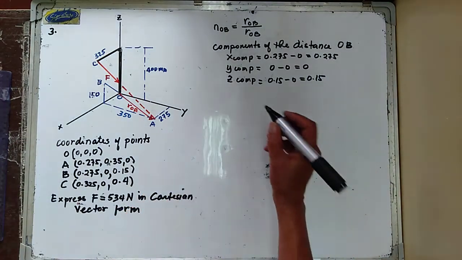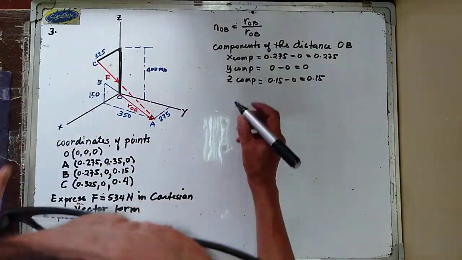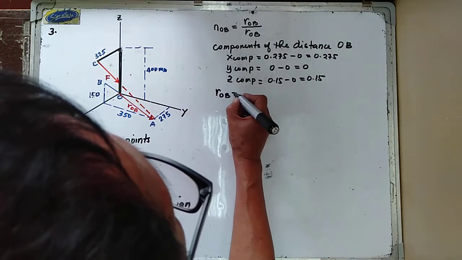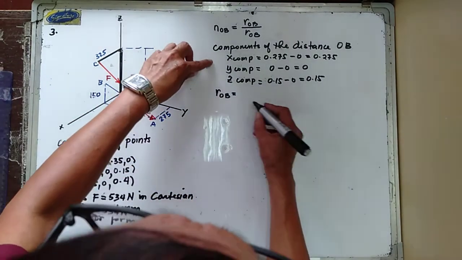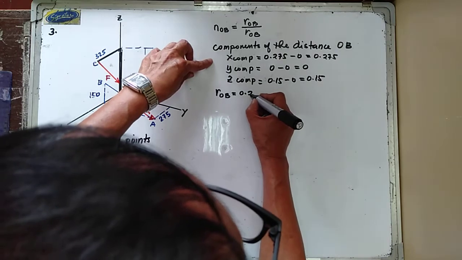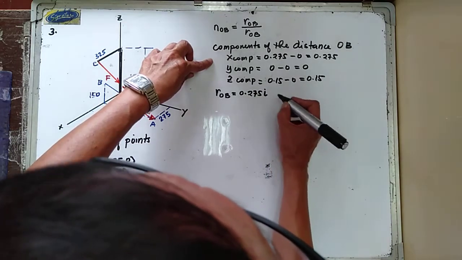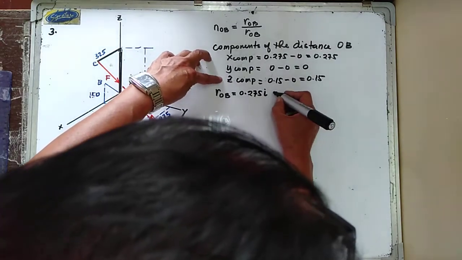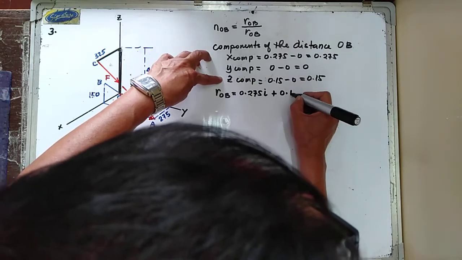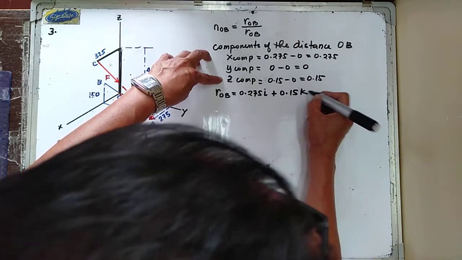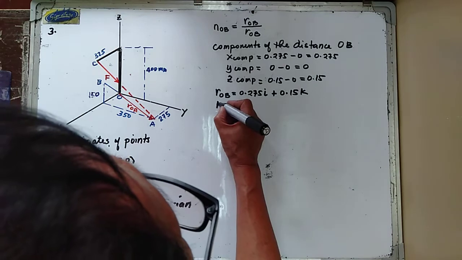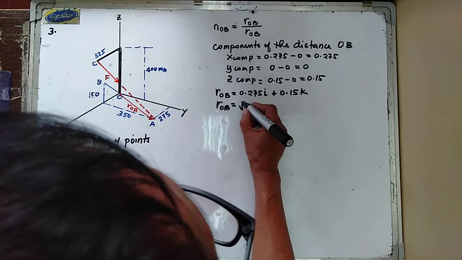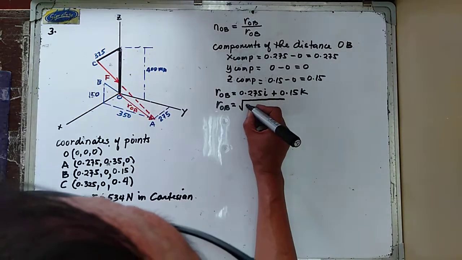Therefore, the vector distance OB, or your ROB, is equal to 0.275I, Y is 0, Z is plus 0.15K.